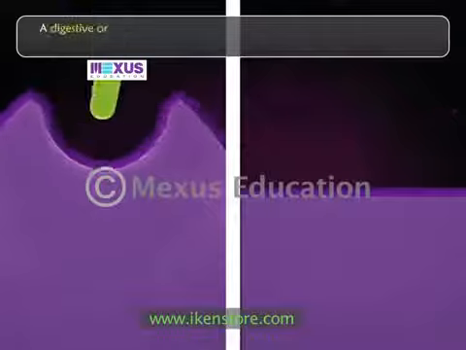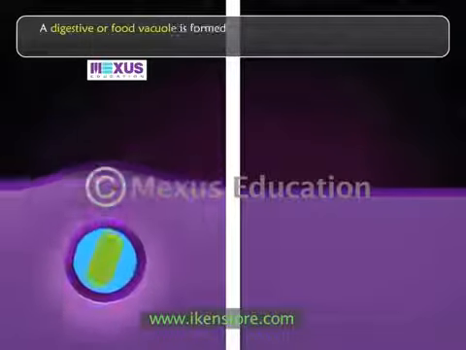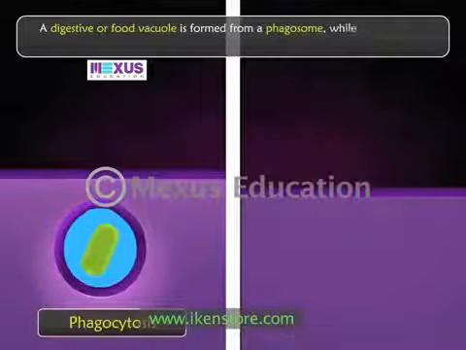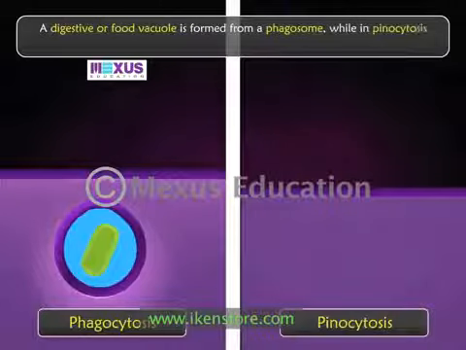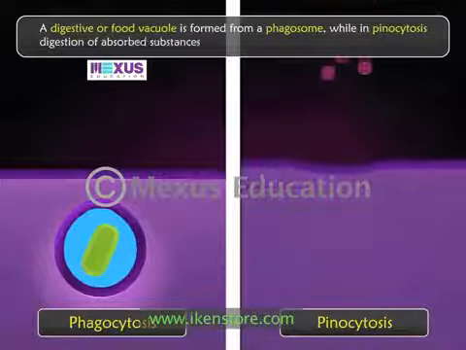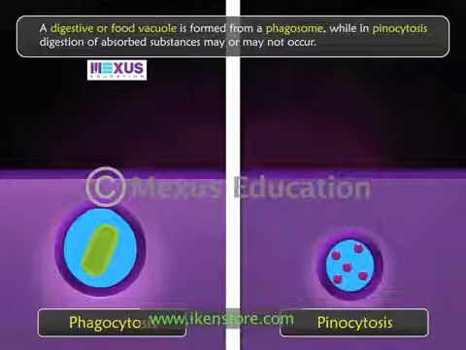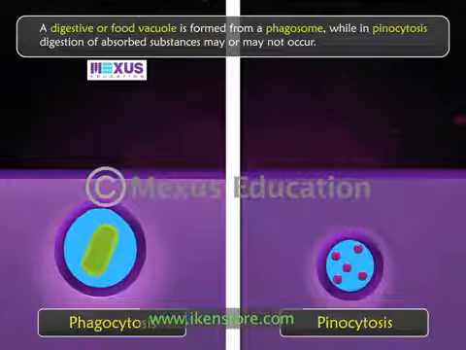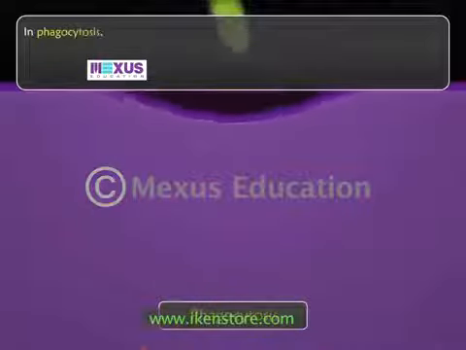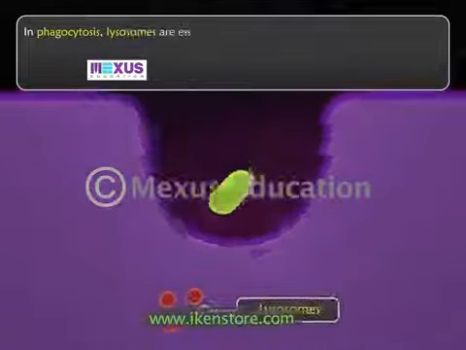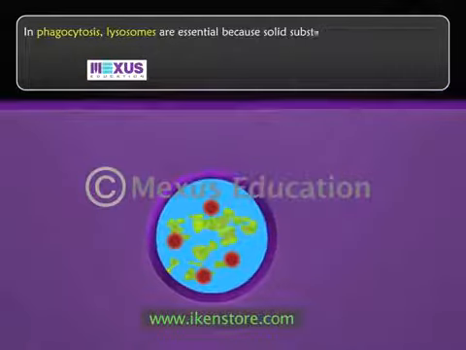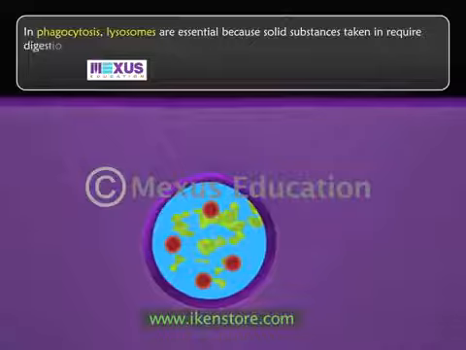A digestive or food vacuole is formed from a phagosome, while in pinocytosis, digestion of absorbed substances may or may not occur, and accordingly, food vacuole may or may not be formed. In phagocytosis, lysosomes are essential because solid substances taken in require digestion.